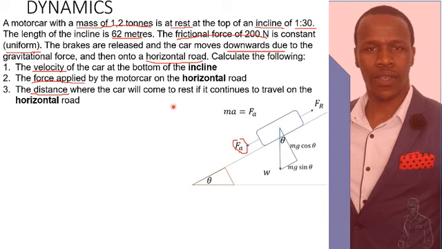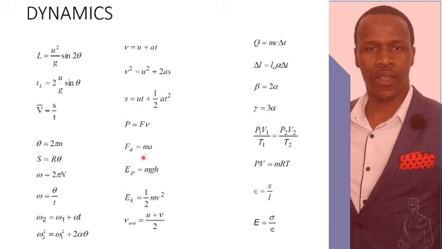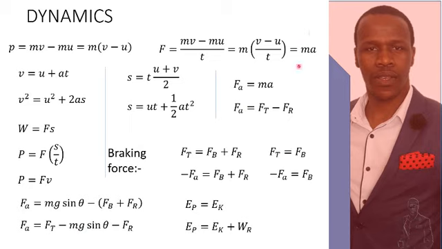But we still need a. How can we get a? We can get a from Fa is equal to ma. Let's go back to our formula sheet. We can get a from this formula, but we do not have Fa, but we can get Fa from this formula.